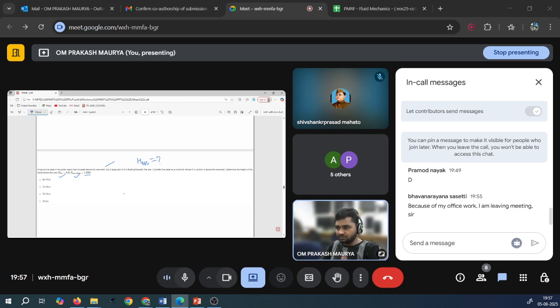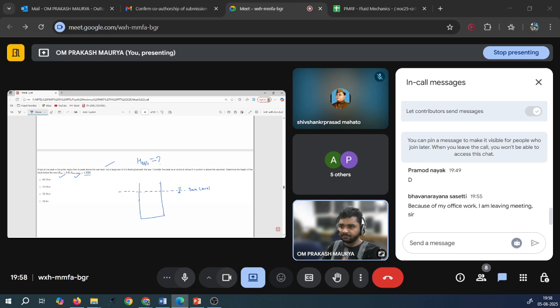So, let us assume this is your sea level. The question is, you have one ice block which has a 5 meter portion above the sea level.